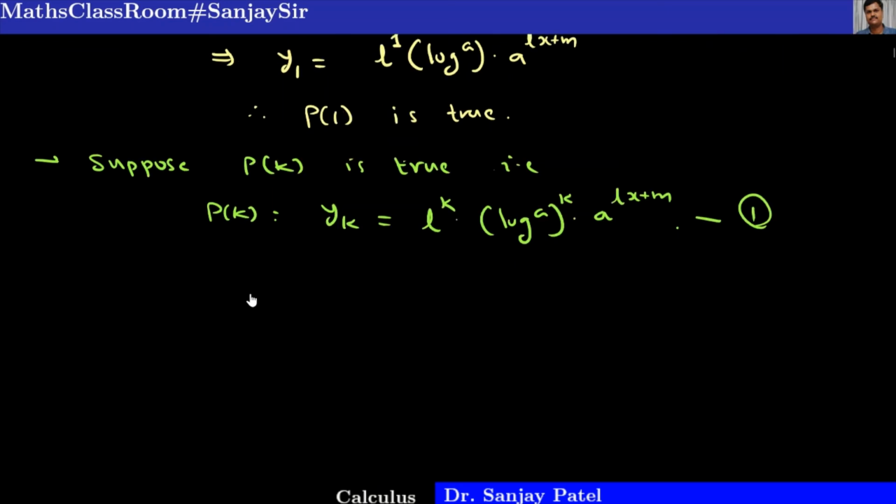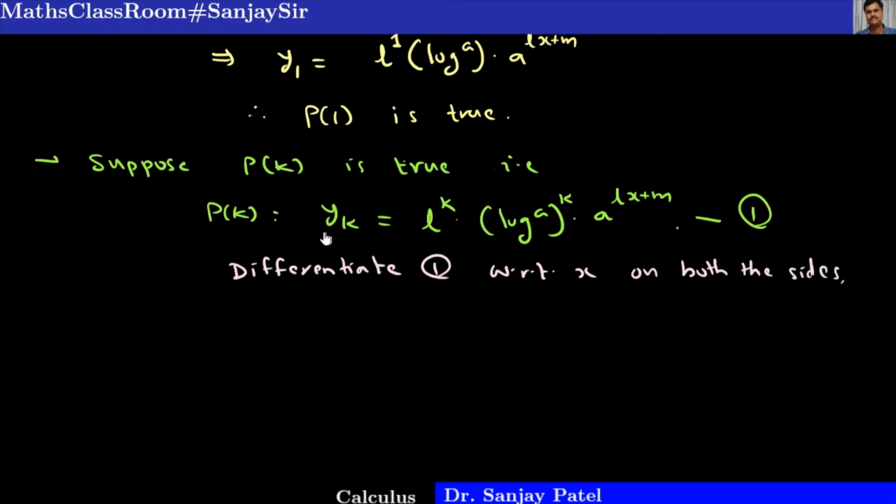So what we do is we differentiate this result number 1 with respect to x on both the sides. In the left hand side we have yk, the kth derivative of y, and if you differentiate yk, you get the next derivative, yk plus 1.